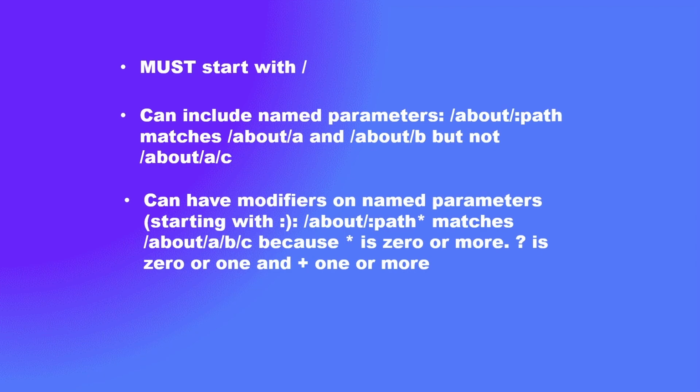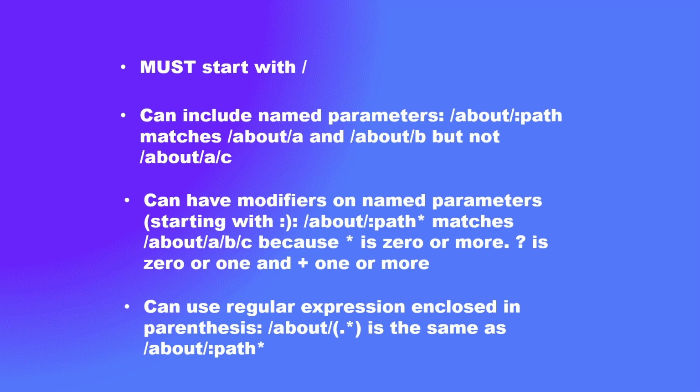You can see here the modifiers. Star means 0 or more. If it is a question mark, it is 0 or 1. If it is plus, it means 1 or more. We can use a regular expression also with the modifiers. You can see the example here, slash about slash parenthesis dot star.